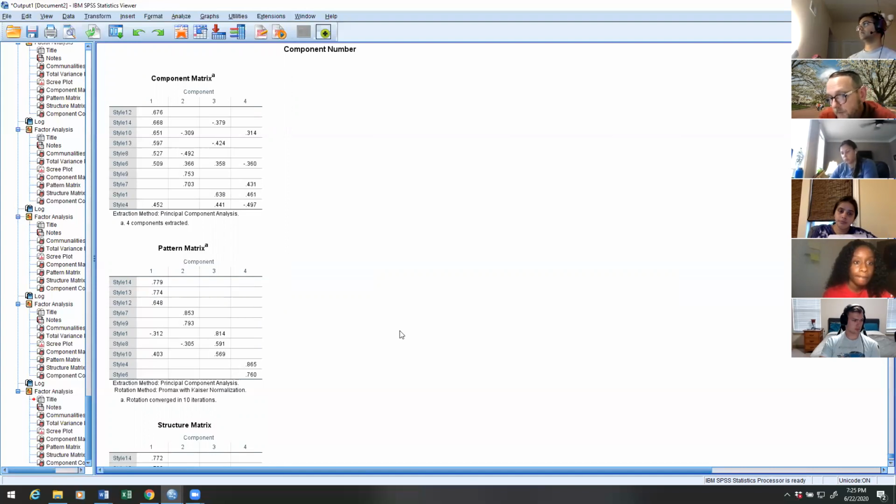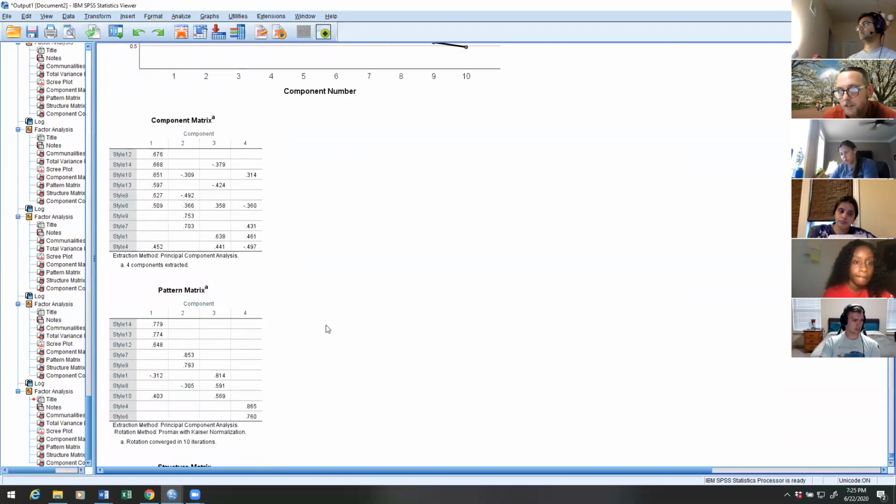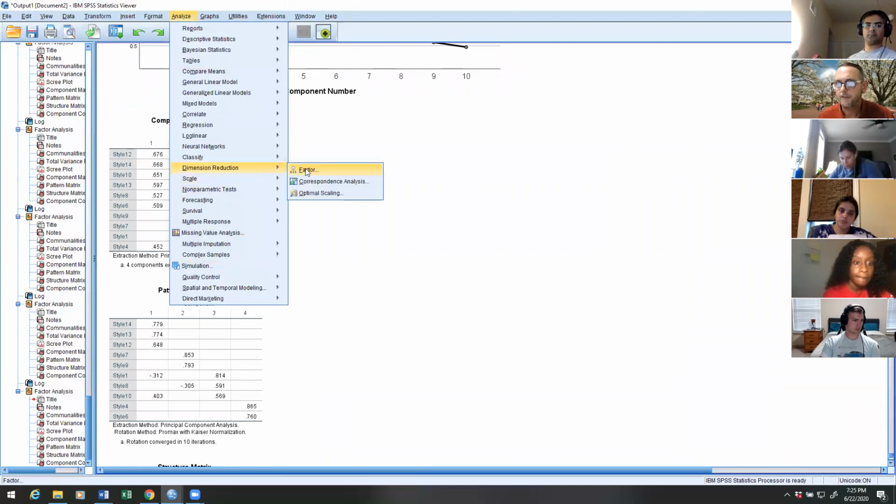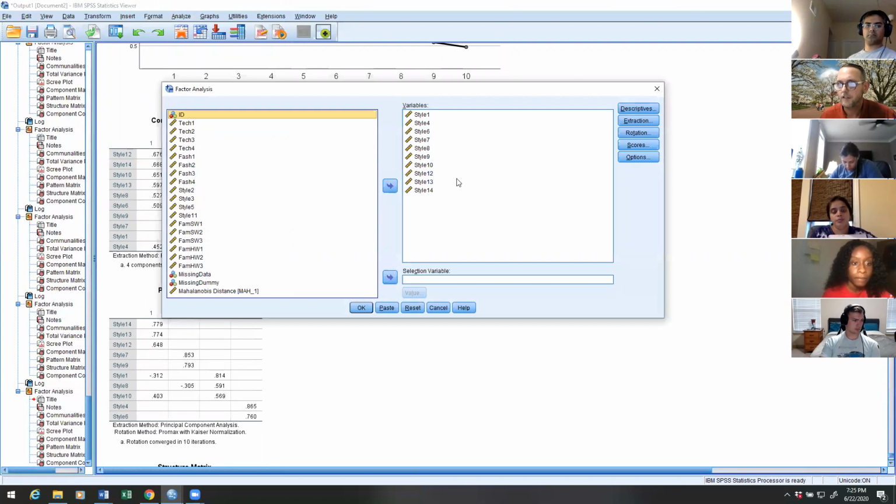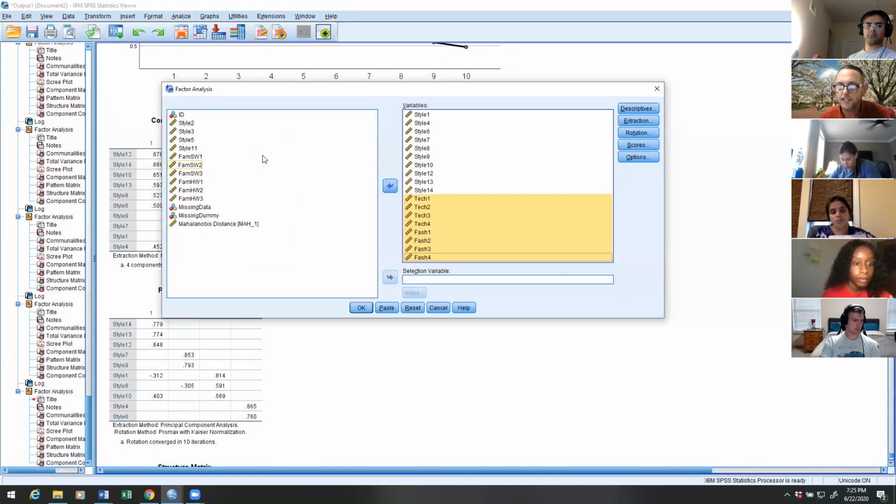But that's kind of one approach to go for. So let's see, I can't remember what you guys had, but we have dimensions, we had these styles, we had these other variables. Eventually, you have to have everything run together.